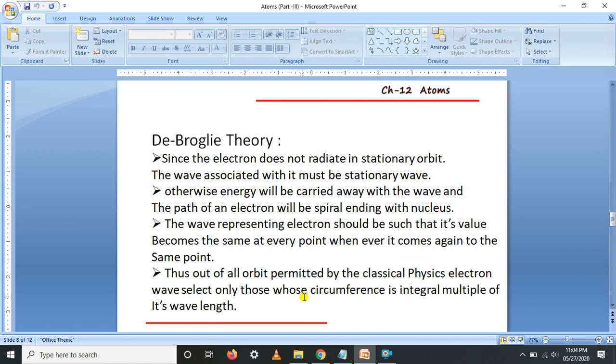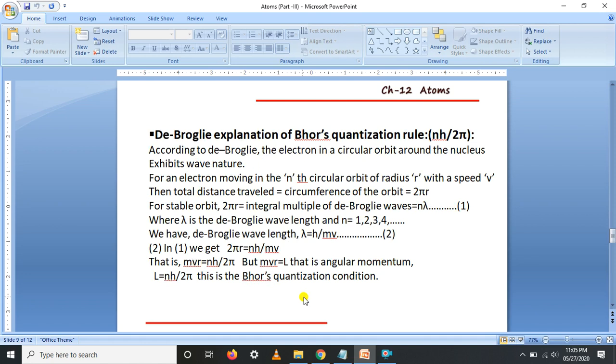Suppose the nth orbit has radius rn, the total distance of the circumference is 2 pi rn. This is according to Bohr's theory. Then after that, de Broglie explained Bohr's quantization rule, that is nh by 2 pi, in his own way.